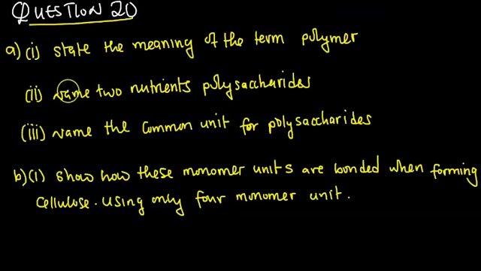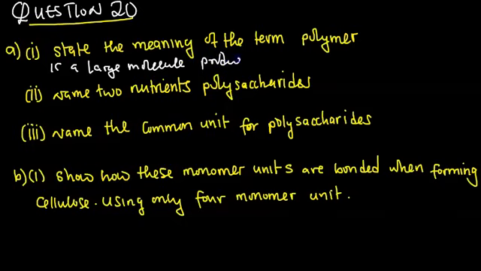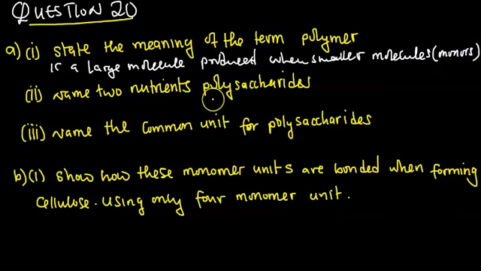Up to question 20. State the meaning of the term polymer. A polymer is just a large molecule produced when smaller molecules called monomers join.